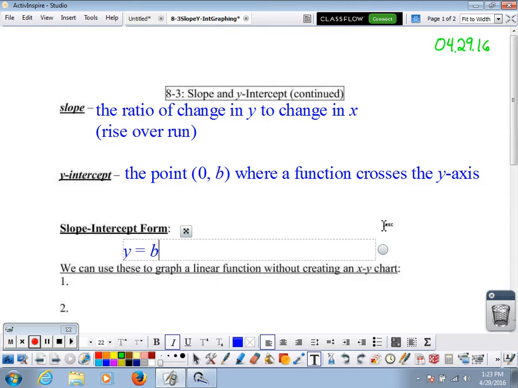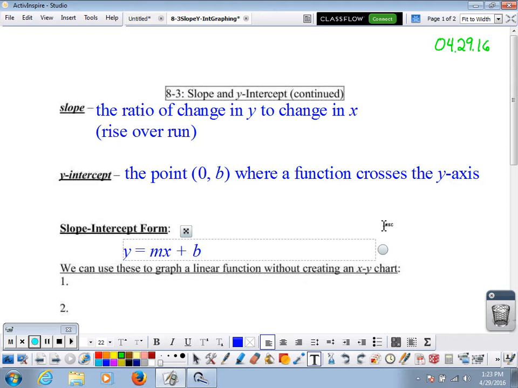Can you give him a hand, Nolan? It might be a fraction, but it might not be. Y equals ax plus b. You're really, really close. Quentin? Very good. Y equals mx plus b.